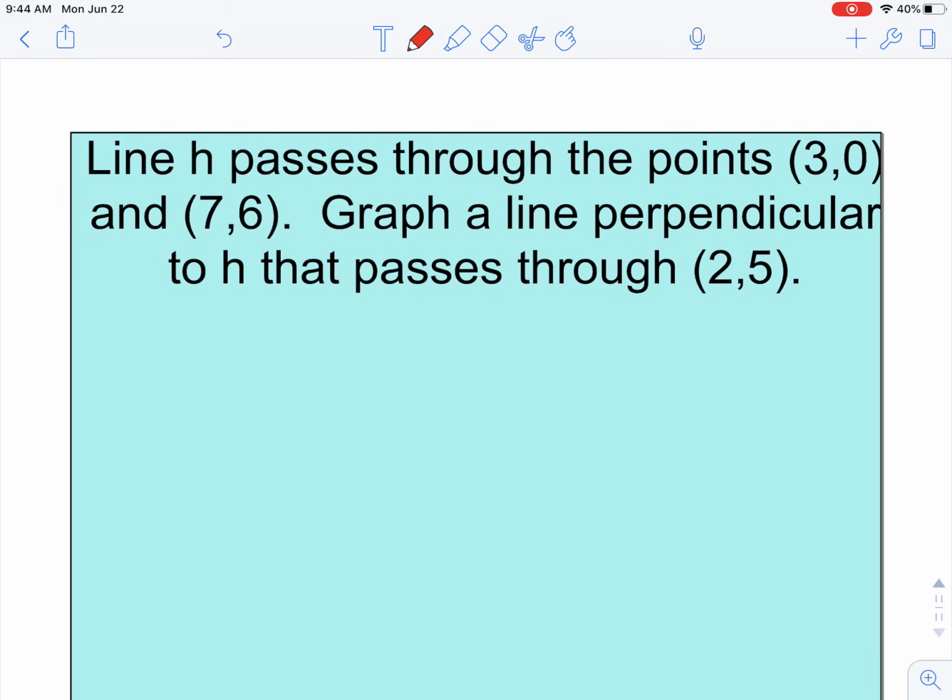And line H passes through points 3, 0, and 7, 6. Graph a line perpendicular to H that passes through 2, 5. Okay, so again, we want a perpendicular.